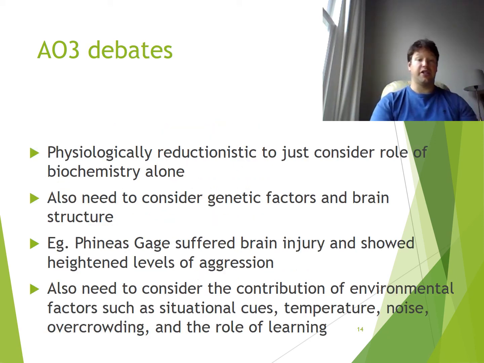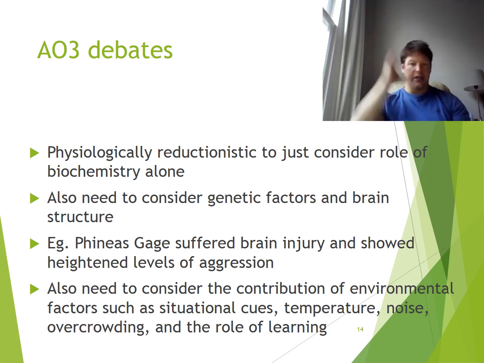Debates, the reductionist idea that physiologically reductionist is just to consider the role of biochemistry alone. Also, you need to consider genetic factors, brain structure. Phineas Gage, who you should look up if you've never heard of him, it's a very interesting and short story, who basically got brain damage, got a big bolt up through his head, and showed heightened levels of aggression.